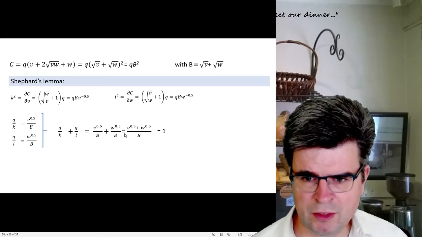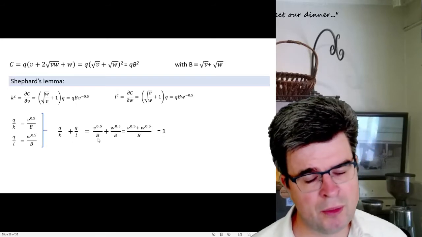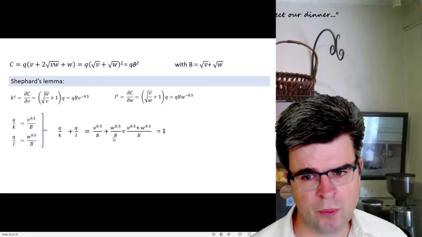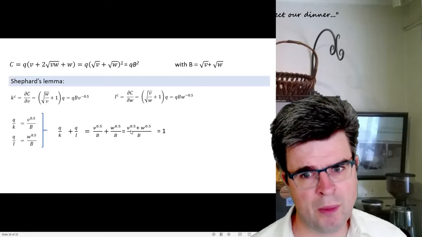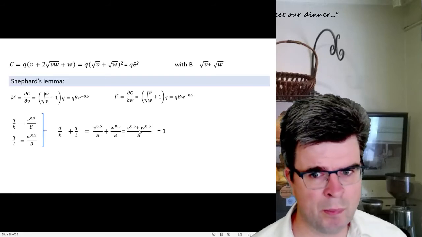If you sum the right-hand sides, we have a common denominator equal to B. So we can simply sum these two terms, V to the power 0.5 plus W to the power 0.5.